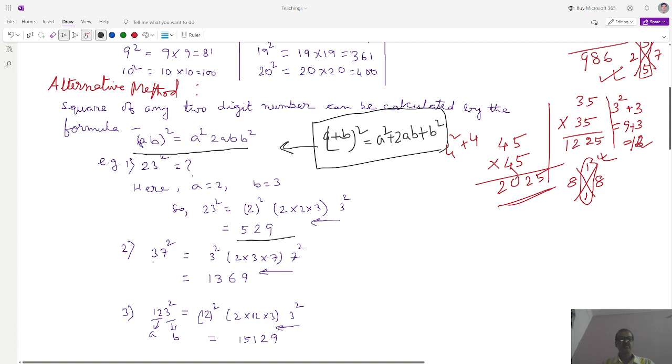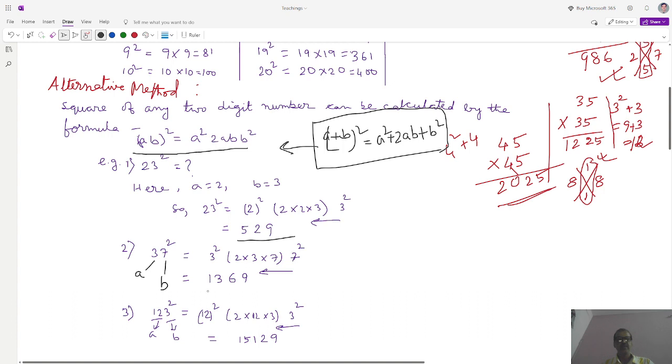So 37 square. A equals 3, B equals 7. Therefore, A square means 3 square, 2AB means 2 into 3 into 7, and B square means 7 square. Now 7 square means 49.